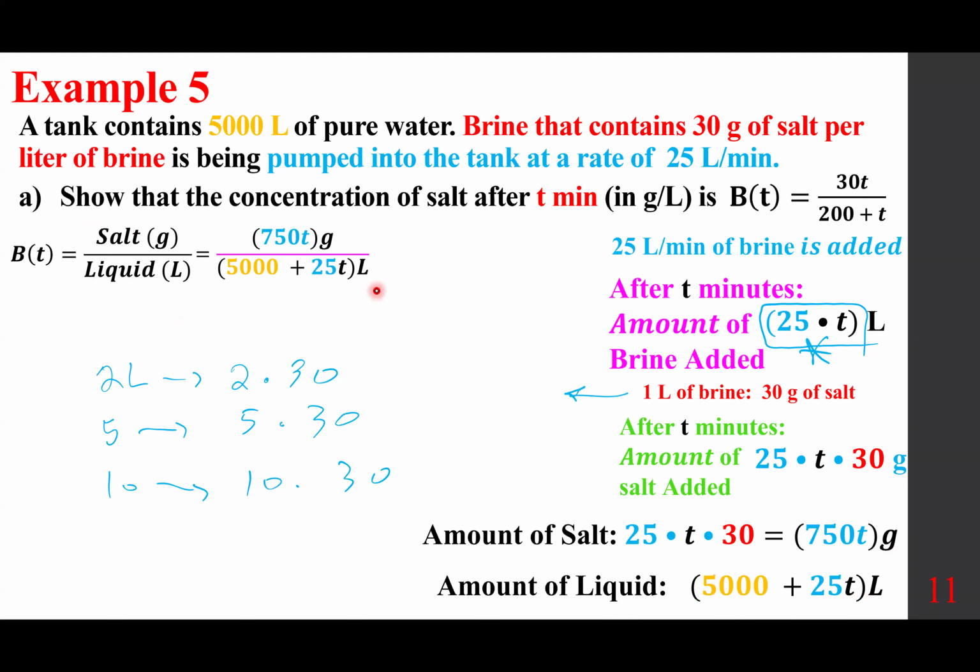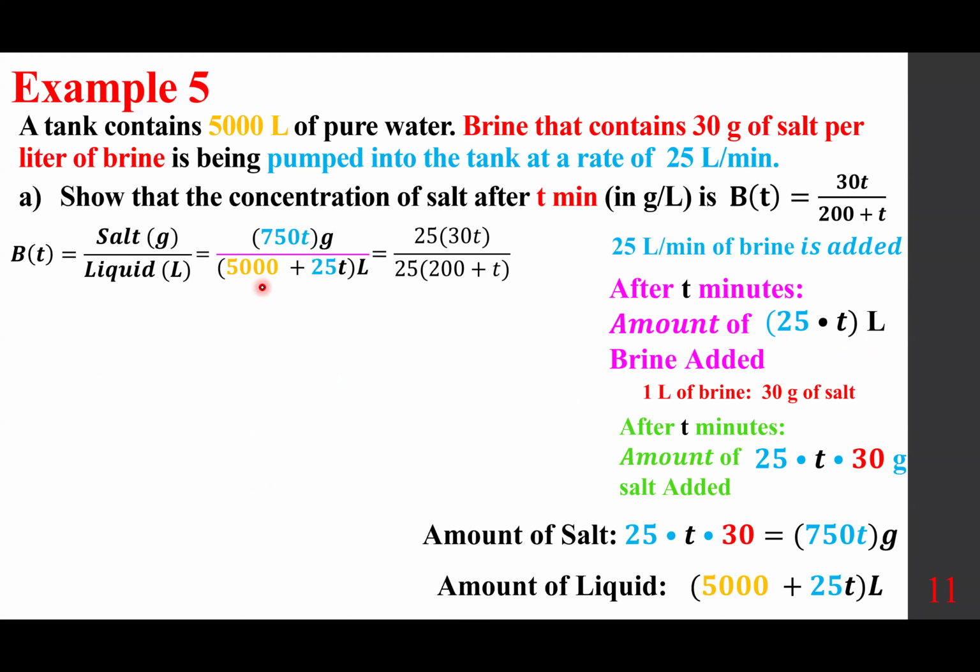This is in grams, this is in liters. And I hope you recognize that the top and the bottom are divisible by 25. So let me erase my work, by the way. Now here, divide everything by 25. In other words, factor 25 out. This becomes 25 times 30t. Never mind the units, we know what the units are.